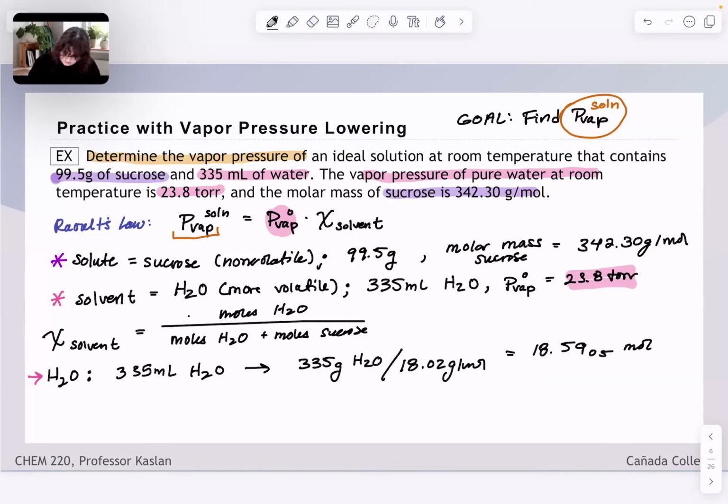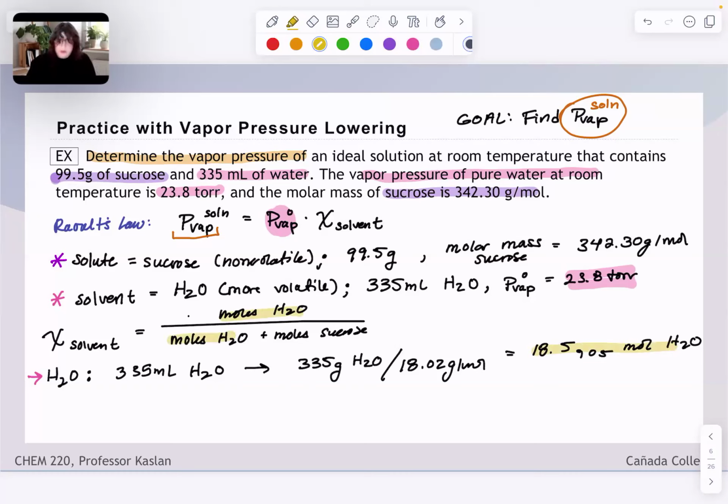And even then I'm carrying an extra digit here, so let's do 18.5905 moles water. Awesome. I've got now what I need for most of my determination of mole fraction of solvent. So I need this in both the numerator and the denominator. And now I need to get my moles of sucrose.